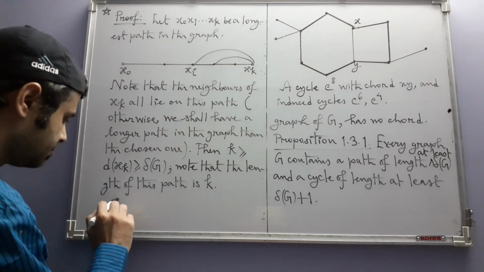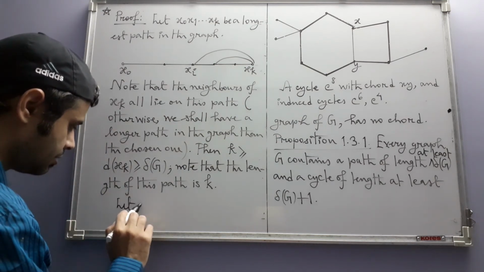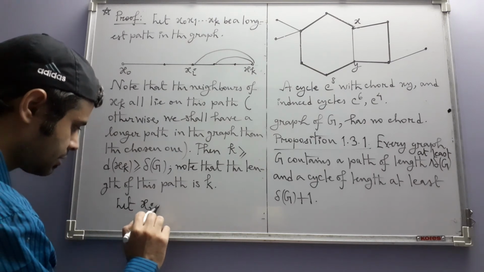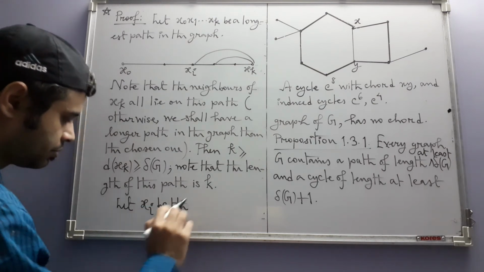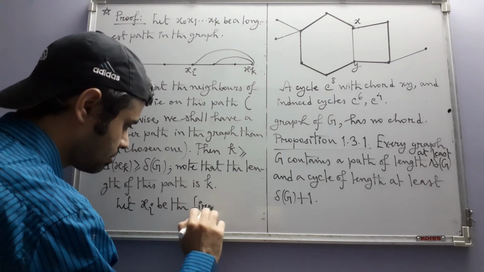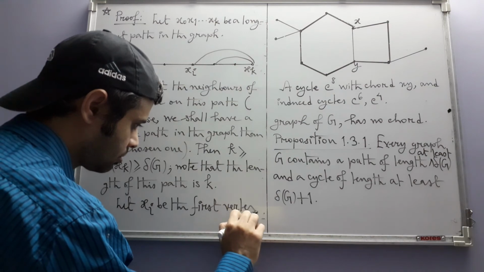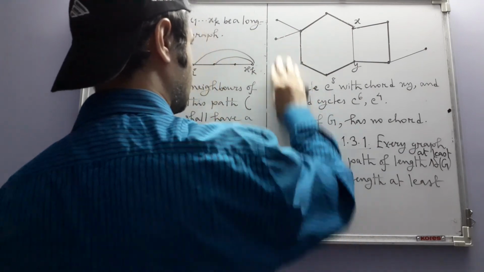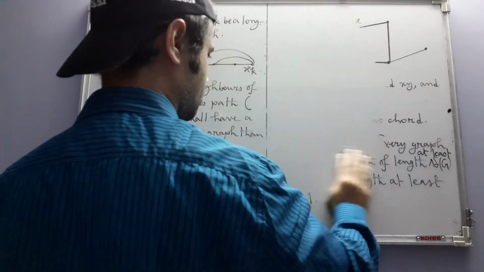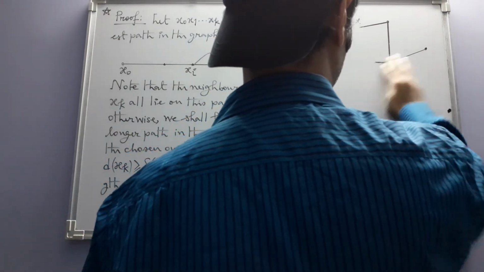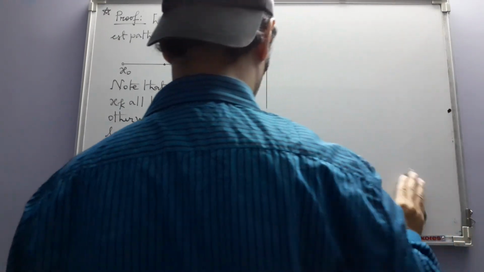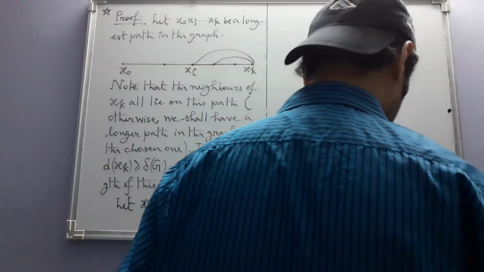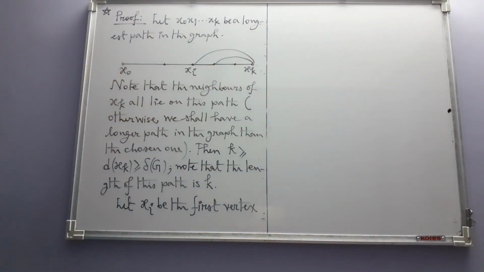So for that, let xi be the first vertex... there is a cycle of length.